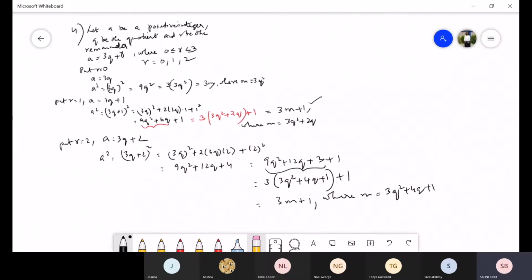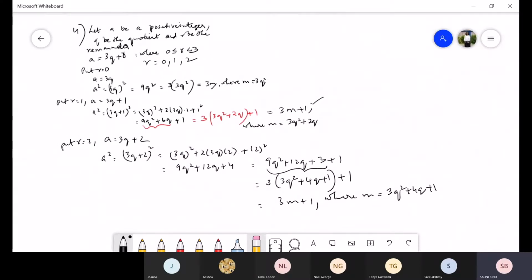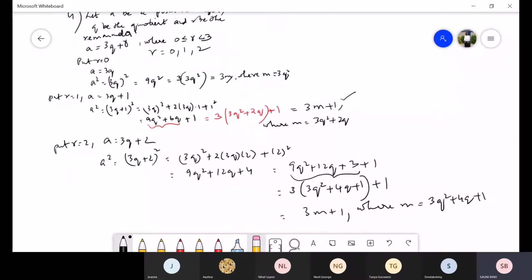Understood? So coming back to the question, show that square of any positive integer is either of the form 3m or 3m plus 1 for some integer m. That we already proved. The first one we got as 3m, the second and the third we got as 3m plus 1.